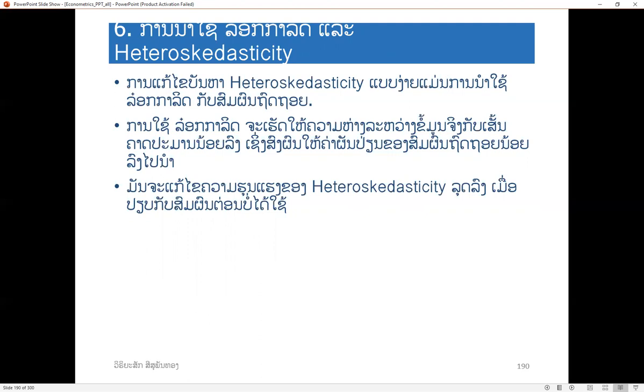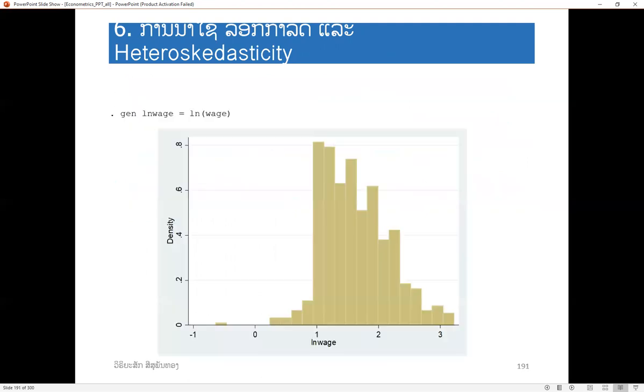If we take the log of a variable, usually the size of the standard error will be smaller, so the variance of the error is more likely to be constant. For example, I use the logarithm of the wage variable, and as you see here, it is just between negative 1 and maybe 3 point something. So the data is not moving a lot.